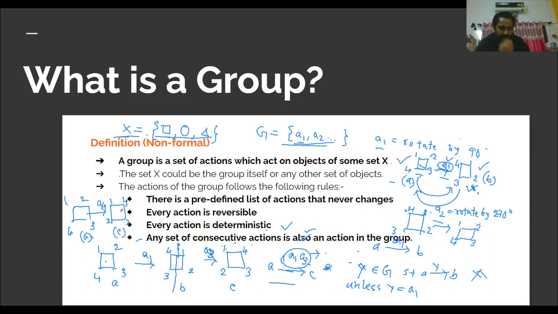And what is that? Can you tell me what is that?